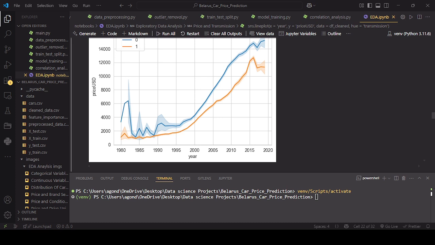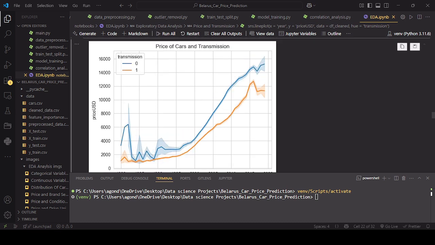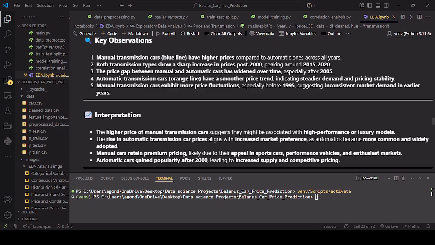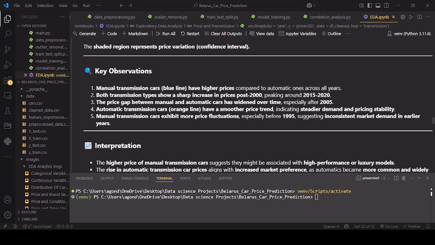The automated part started low and slowly showed a peak from the 2000s, reaching its peak at 2015, and then became normal. From the key observations we can say the manual transmission has higher prices compared to automated across all years.